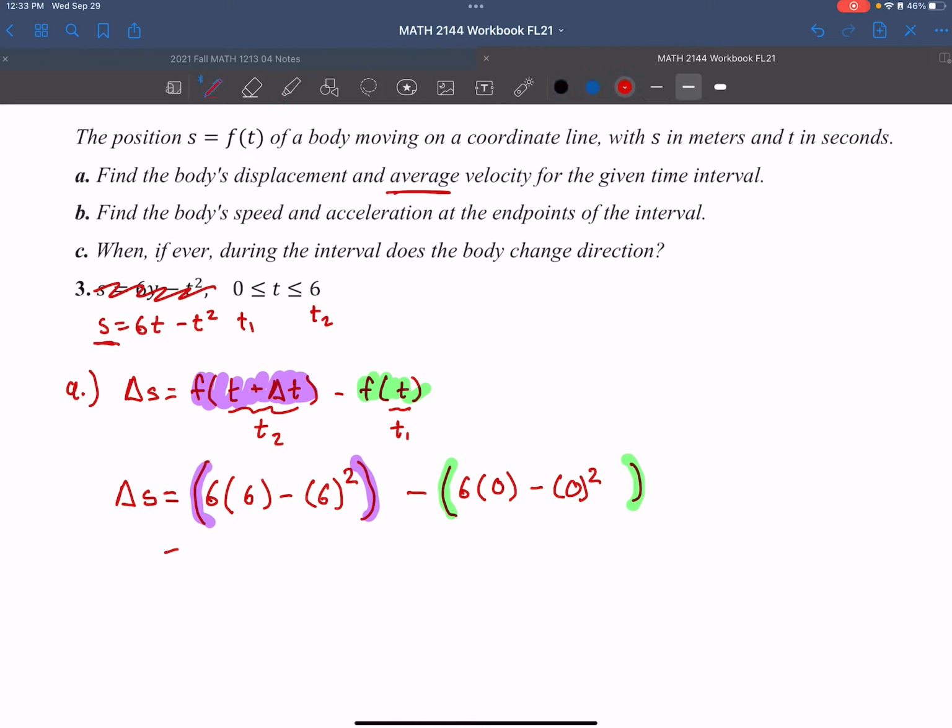Okay, so from here we just simplify. So the displacement is, let's see, this is going to be 36 minus 36. And then we would end up with minus 0 minus 0. Okay, so we're saying the displacement is 0. What does that mean about the object?